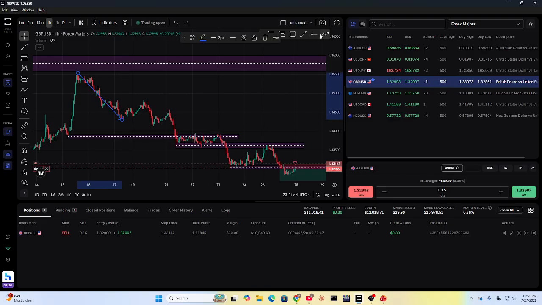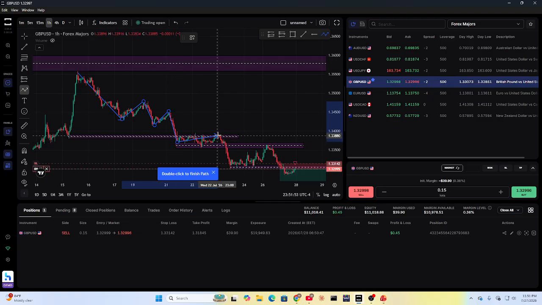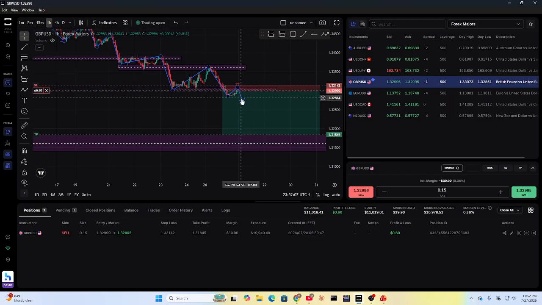Boom. Boom. Boom. Staircase. There's more of a staircase. The patterns start really forming here. It's going to come back up, touch here, and it's going to sell off. It's like a staircase.